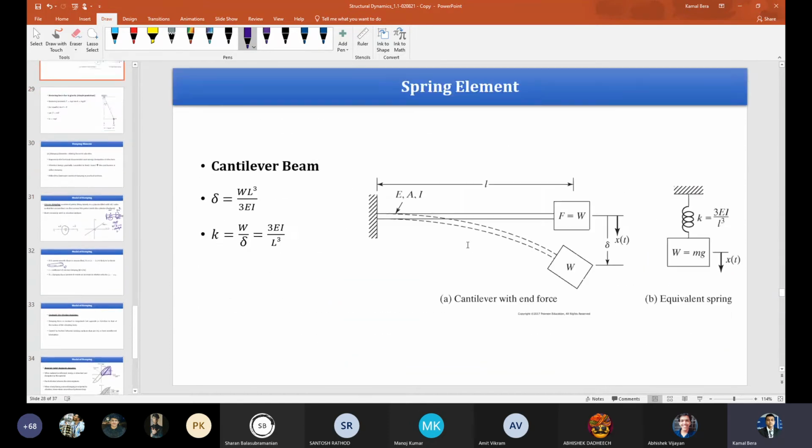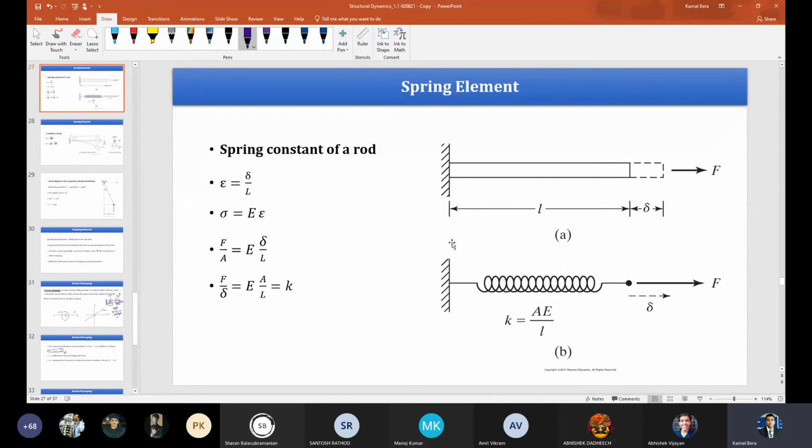Now when we are talking about stiffness, how do we find the equivalent stiffness for these types of systems? How to find the equivalent spring constant? Let's say this is a bar undergoing only axial motion, subject to the force F. Due to the axial force F, delta is the stretching.